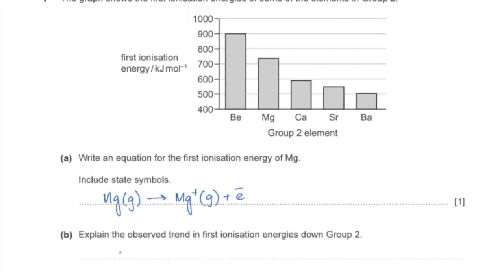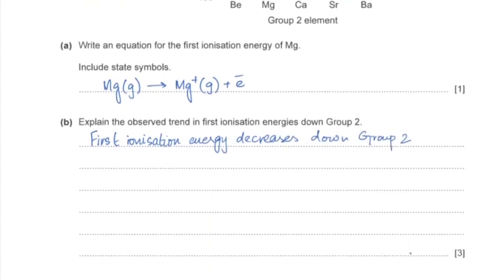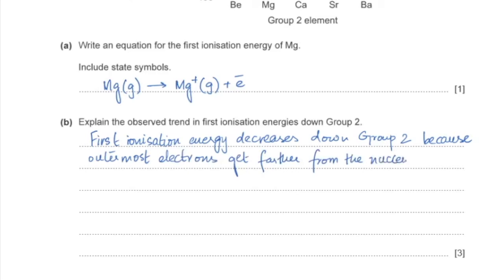So we'll write that first ionization energy decreases down group 2 because outermost electrons get further from the nucleus, which increases atomic size and shielding increases.